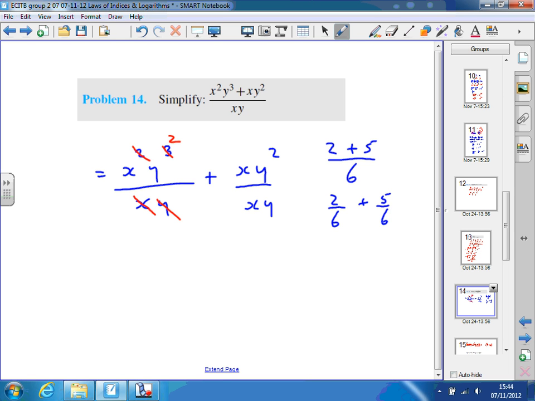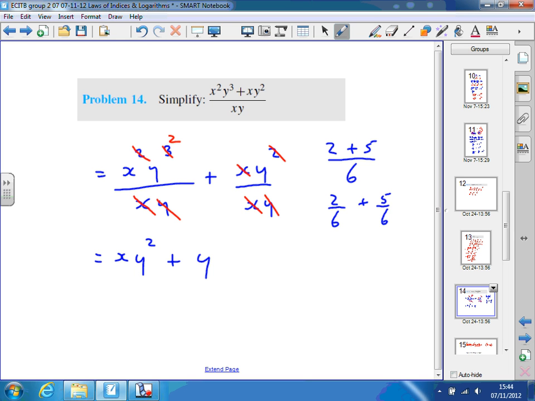Josh? Happy? What about the next one? How would that cancel down? You have a y left, exactly. X is cancelled. Y cancels with one of the y's on the top, leaving just y. So this all simplifies down to x y squared plus y.